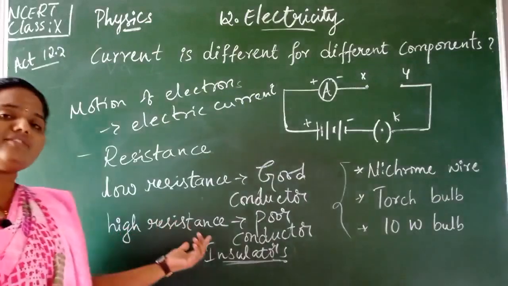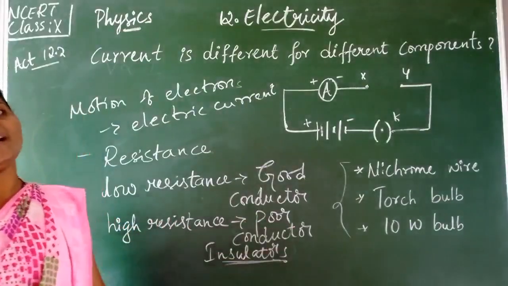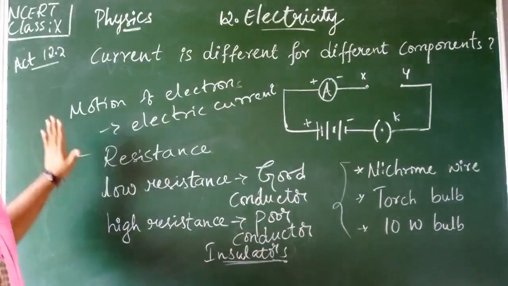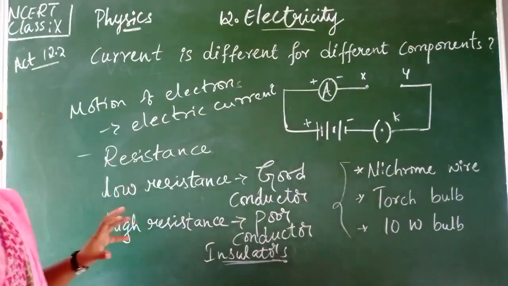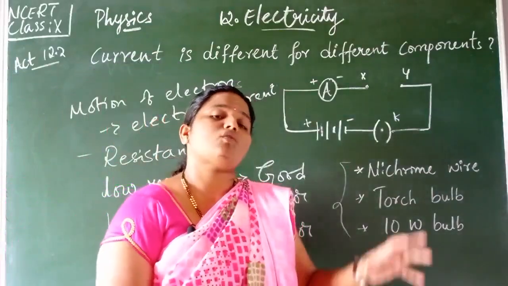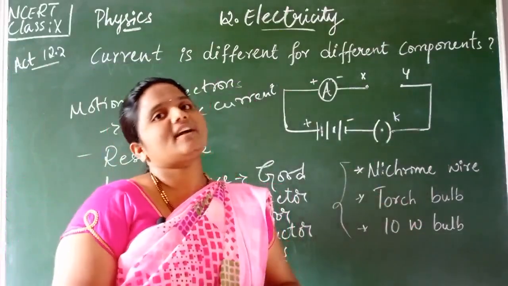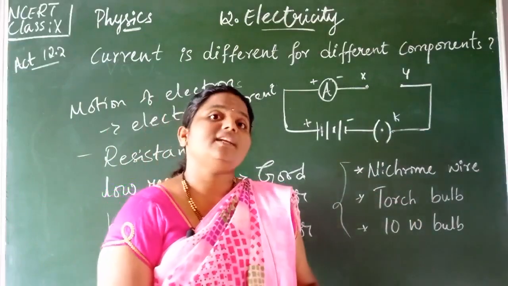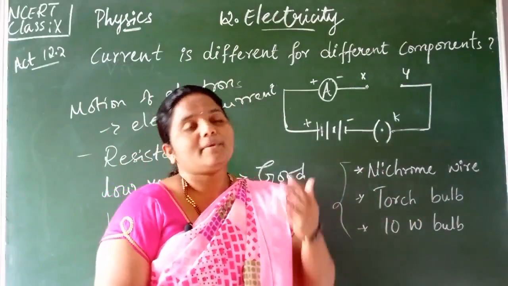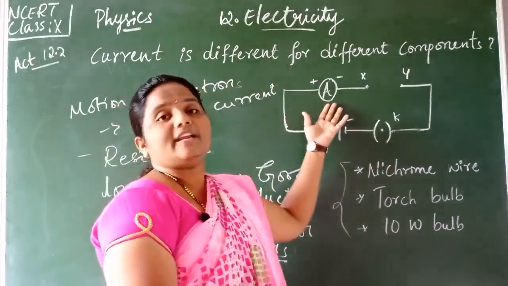If a component offers high resistance, it means a poor conductor, you have to understand. So in this activity, we can clearly understand that certain electrical components offer an easy path for the flow of current, whereas others resist, which means they oppose the flow of current. Because of that reason, we are getting what?